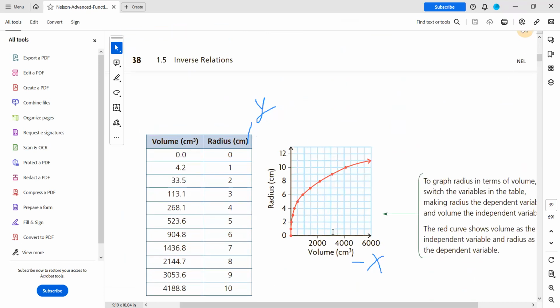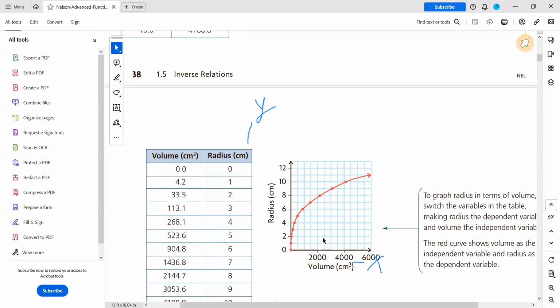Considering that, now we have a relationship where radius is the dependent variable and volume becomes the independent one. To graph radius in terms of volume, switch the variables in the table, making radius the dependent variable and volume the independent variable. The red curve shows volume as the independent variable and radius as the dependent variable.